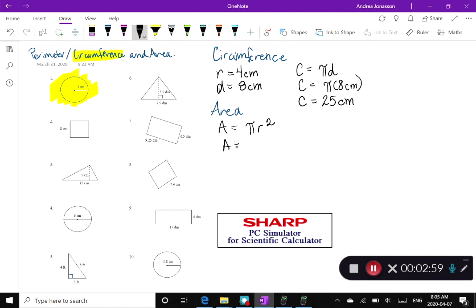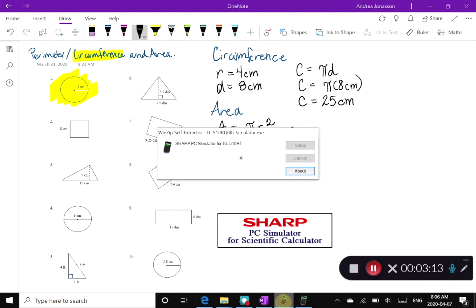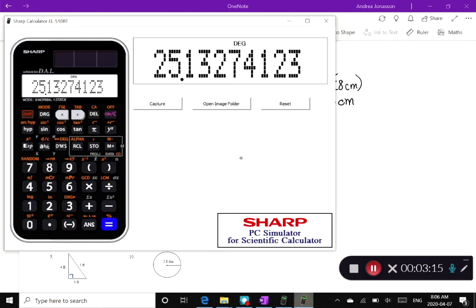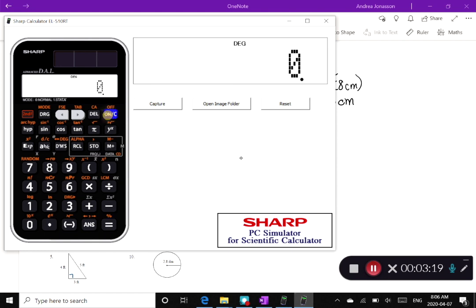So the area of this circle will be pi times r, which is 4 centimeters, squared.